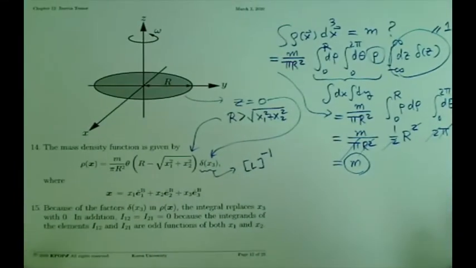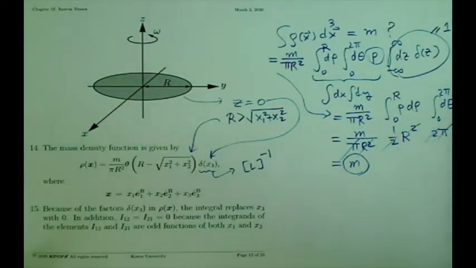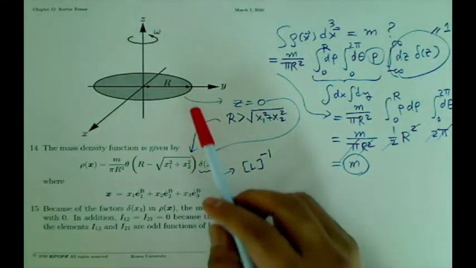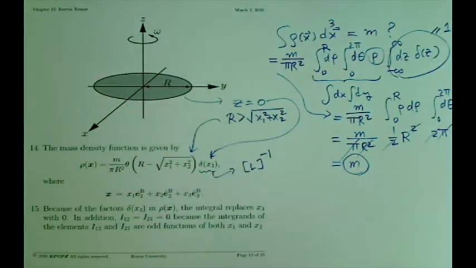Next, we consider a disk. The mass distribution of this disk on the xy plane can be written in this form.